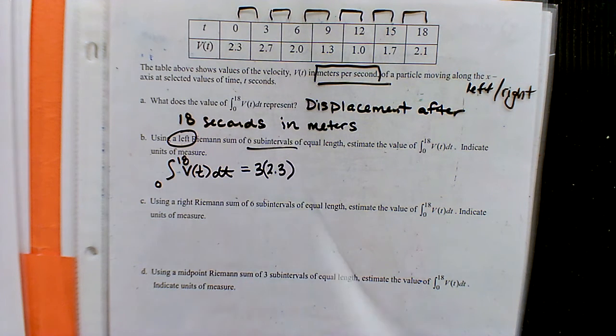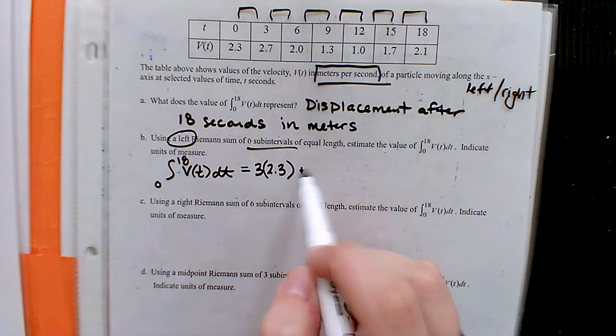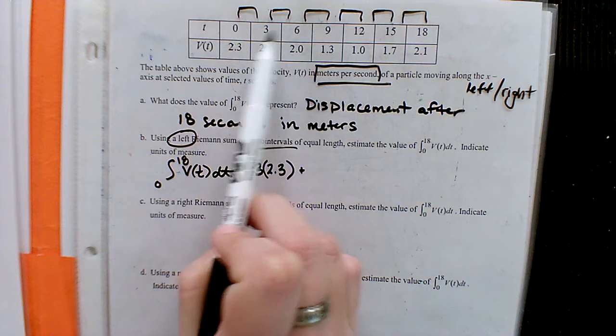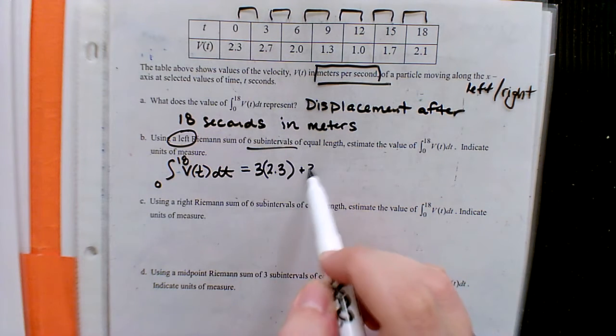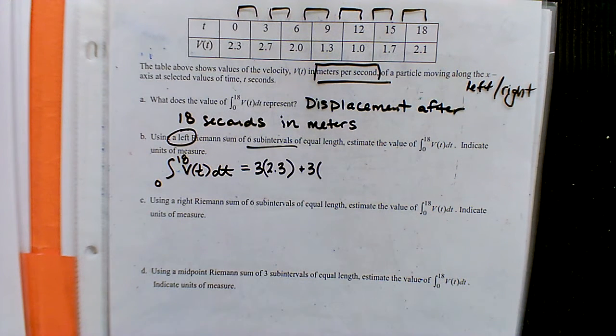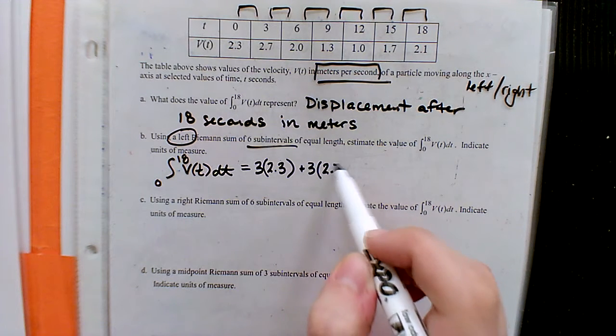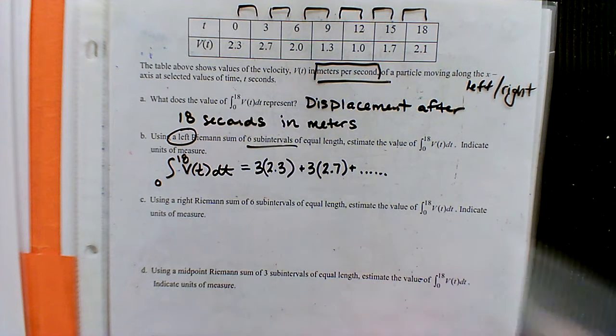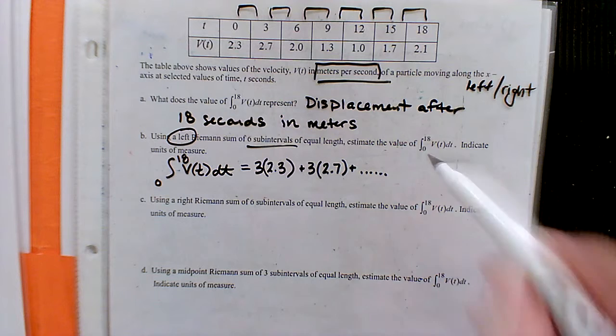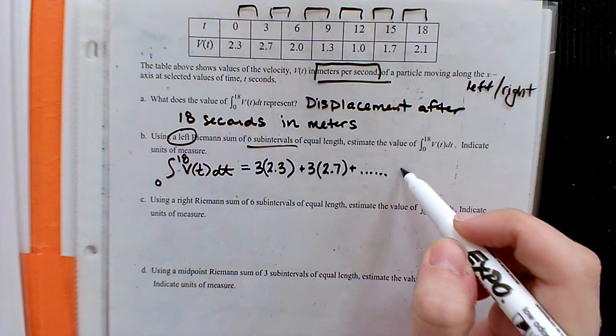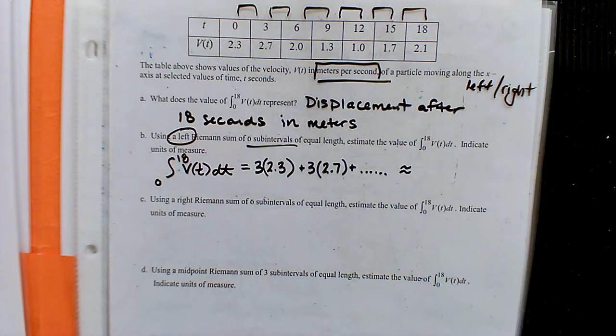So you're going to repeat that process for all of your other rectangles. The next rectangle has another base of 3, and using the left endpoint, you would have a height of 2.7. Okay, so we're going to go through the rest of the rectangles, add them all together, and we'll get our approximation for the displacement. Okay, how far this particle is from where it started.